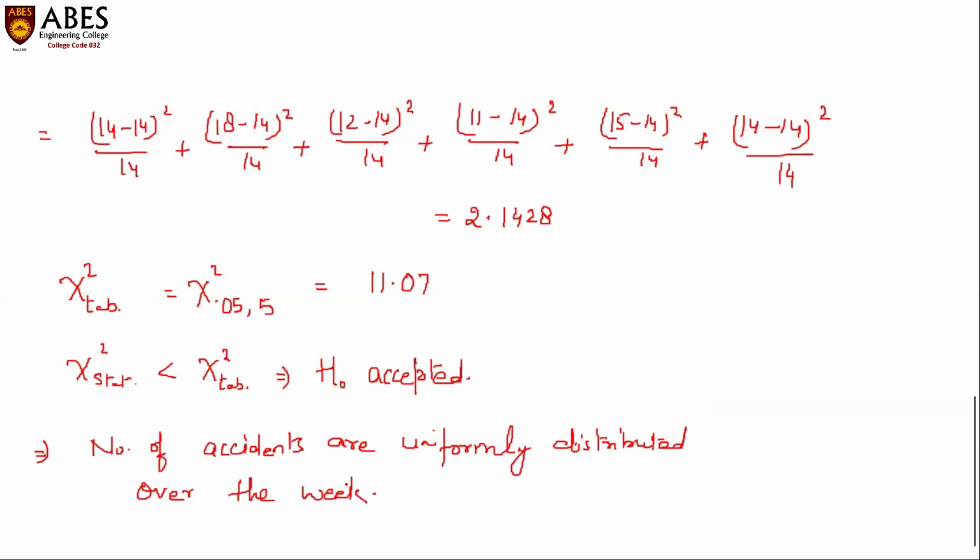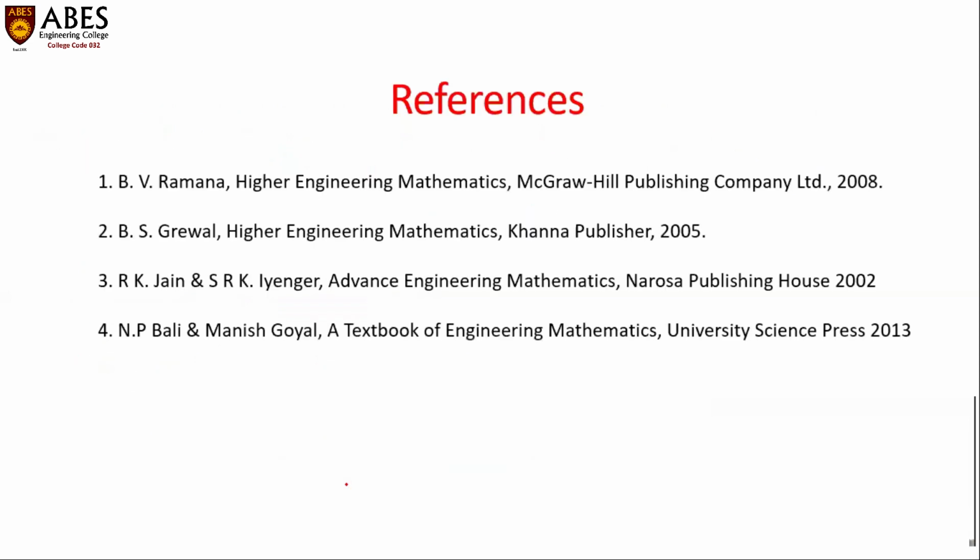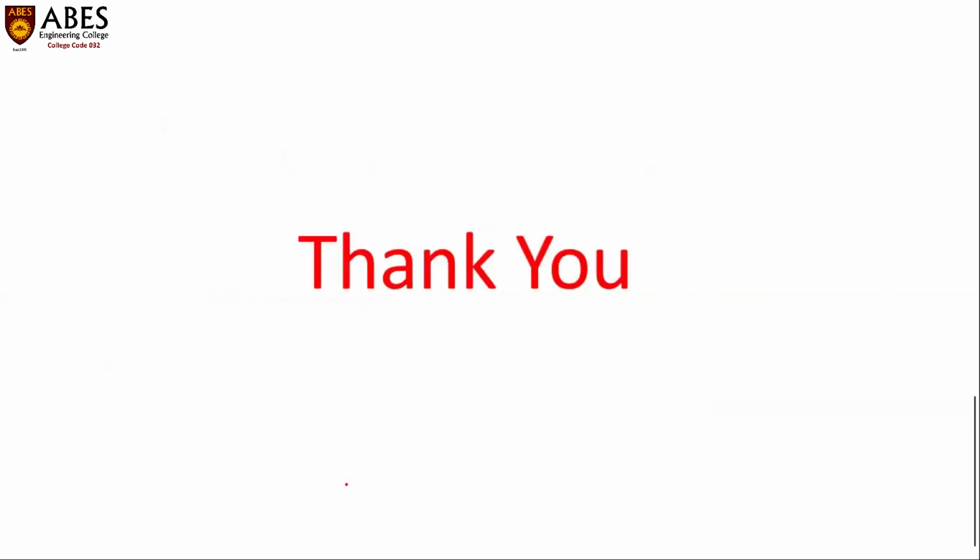All right. So these were a few examples related to basics of chi-square test, which told us about the working process of chi-square test. Using this, we can verify whether the theory is supported by the experiment or not. In the upcoming lectures, we will understand goodness of fit and test of independence. So here are the references. Thank you, everyone.